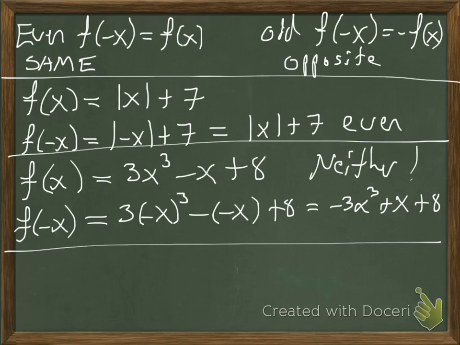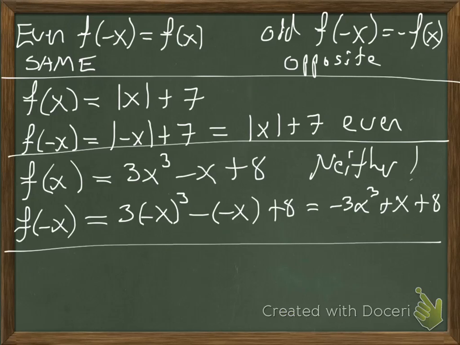And we say this function is neither. So you see that we have 3x cubed and negative 3x cubed, so those are opposite. Negative x and plus x, those are opposite. 8 and 8 are the same, so we have a mix of same and opposite, so if that happens, then it's a neither function. Okay?